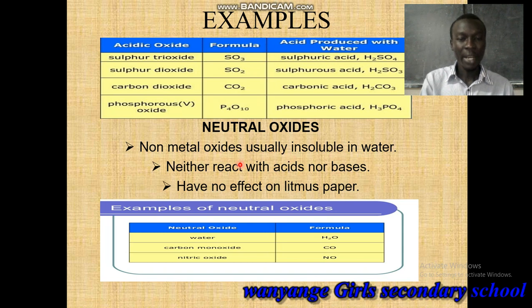They neither react with acids nor bases. They cannot react with acids, meaning that they are not bases. They can also not react with bases, meaning that they are not acids.